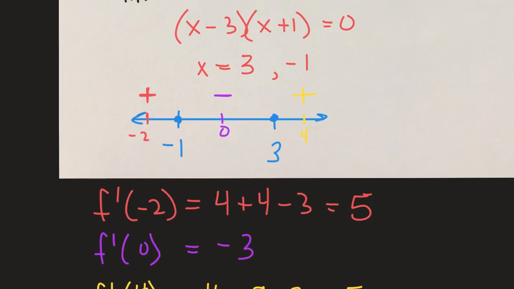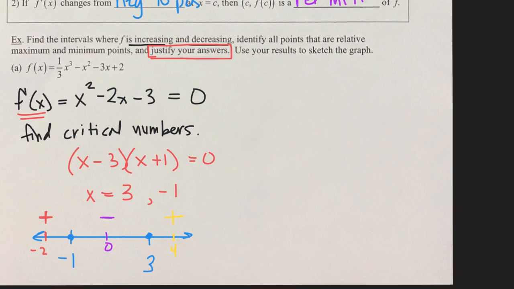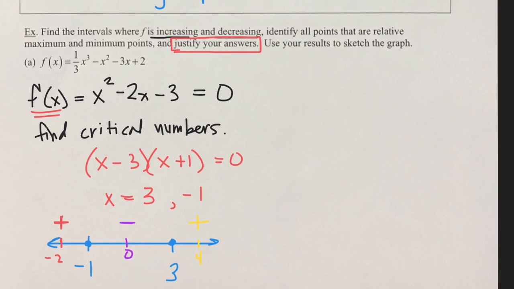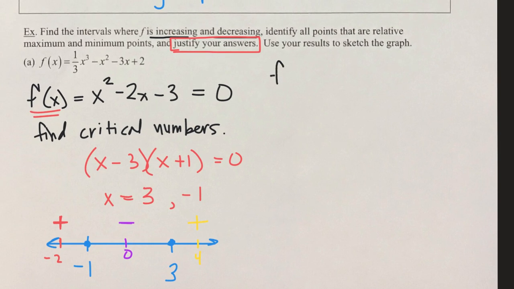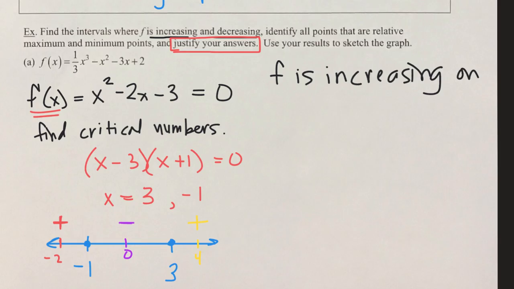So let's take our values and find the intervals where we are increasing. F is increasing; we use the exact words that they write. F is increasing on what intervals? The first one is from negative infinity until we get to negative 1.